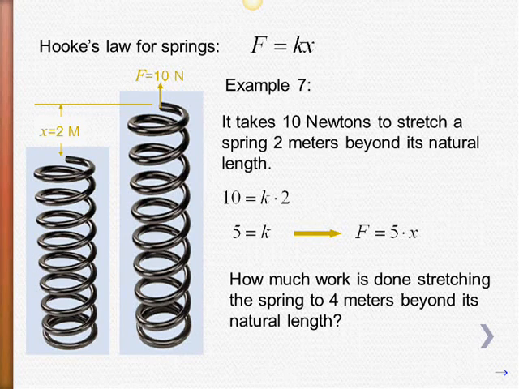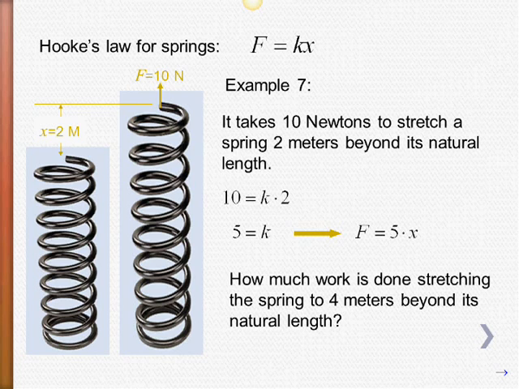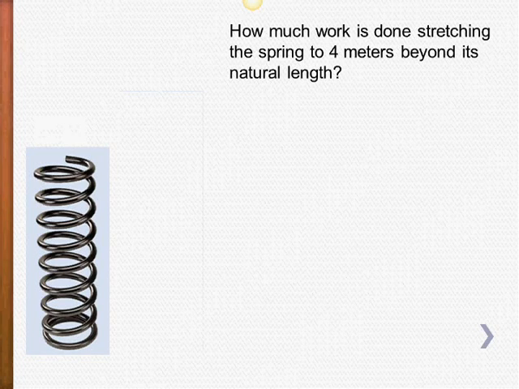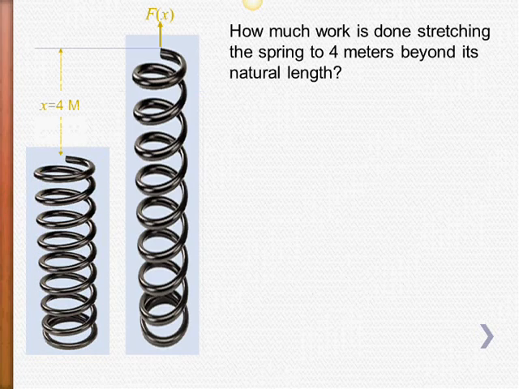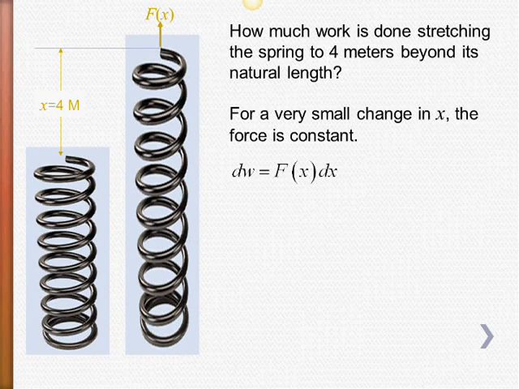The question now is: how much work is done stretching the spring to 4 meters beyond its natural length? We know that work is force times distance, but our force formula is 5 times x. It's not just a constant. So if I want to come up with the amount of work, we're just going to integrate it.